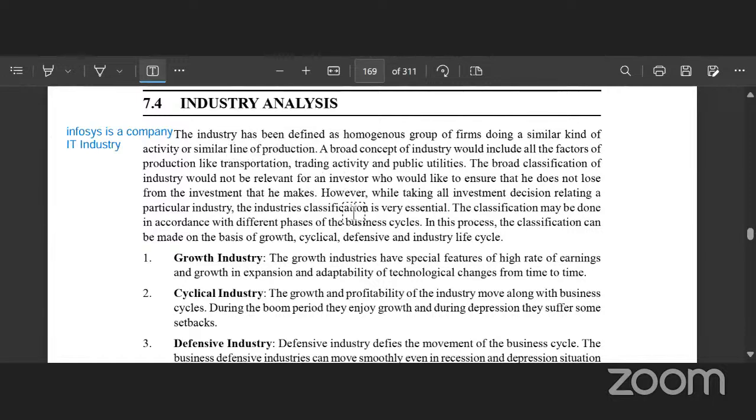You cannot say that Reliance Industries Limited, which is into the petrochemical business, will also be in the IT industry, because their lines of production are very different. So we have banking industry, IT industry, steel industry, cement industry. We have a classification of industries, and each industry consists of a number of companies, but all these companies must be in a similar kind of activity.